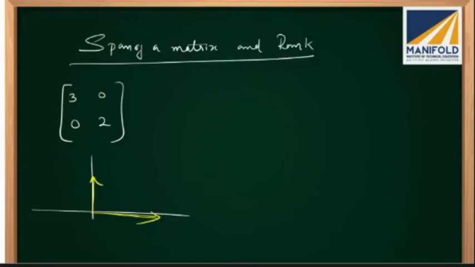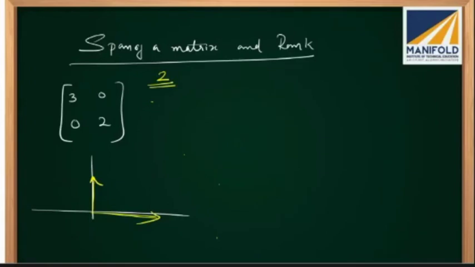In the first class, we discussed that taking a linear combination of these 2 vectors, I can reach any particular point in the space, right? Which means the span of this matrix is a 2-dimensional space. Naturally, the rank of this matrix is 2. Basically, rank will give you the dimensions which can be spanned by a particular matrix. Here, the span of this matrix is 2D space, and the rank is 2.